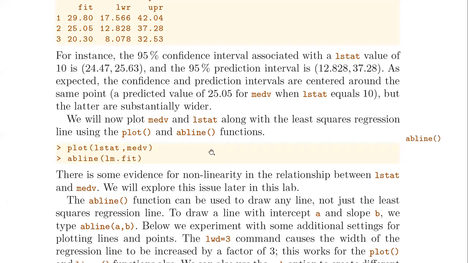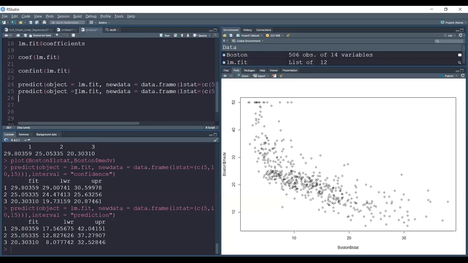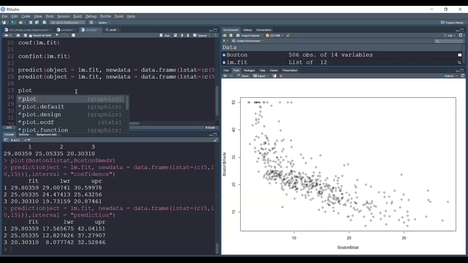Okay. We will now plot median value and LSTAT along with the least squares regression line using plot and abline functions. So let's do it. We'll do the plot again.